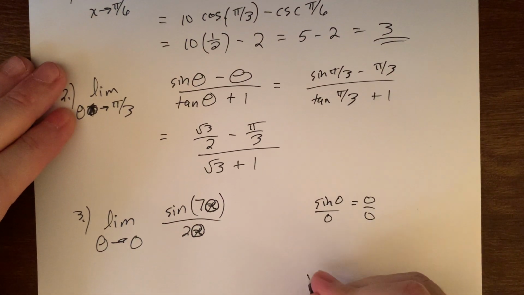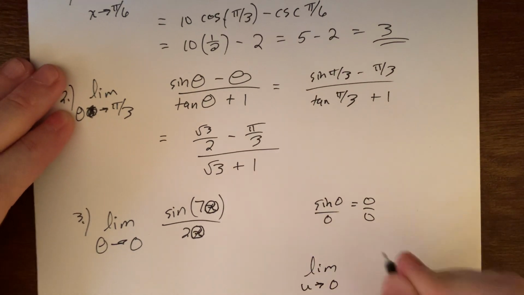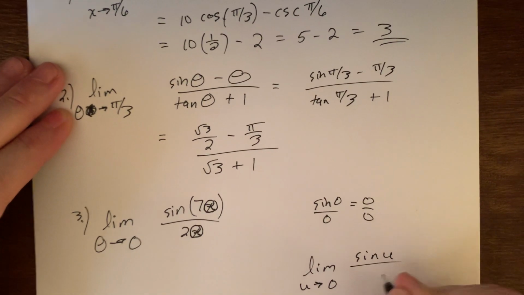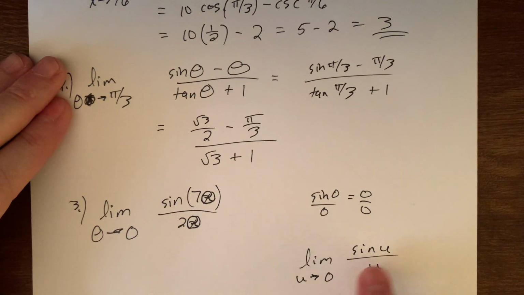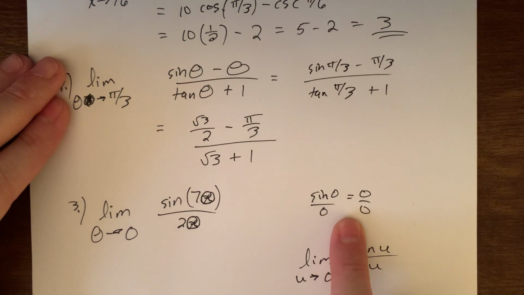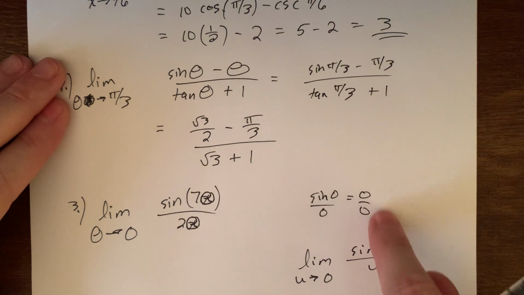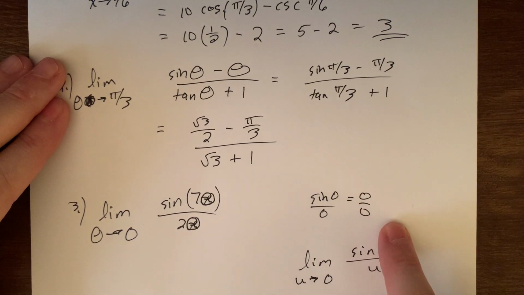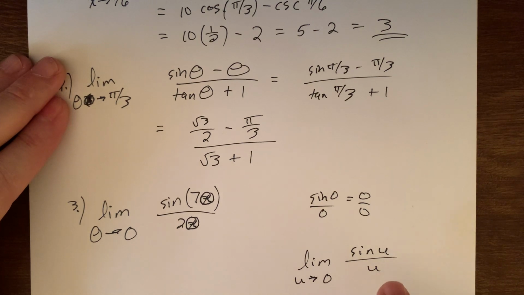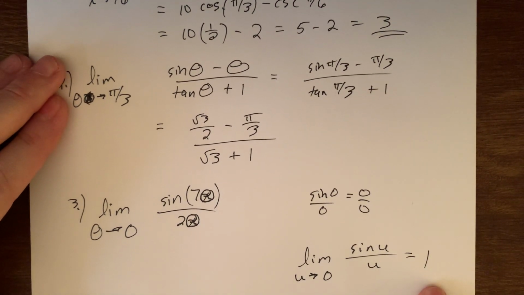The first one is the limit as u approaches 0 of sine u over u. Now, if you just plug this in, it's almost the same thing we had here. U goes to 0, sine of 0 over 0 is a 0 over 0. But not all 0 over 0s give us the same answer. If it is exactly this, the limit equals 1.